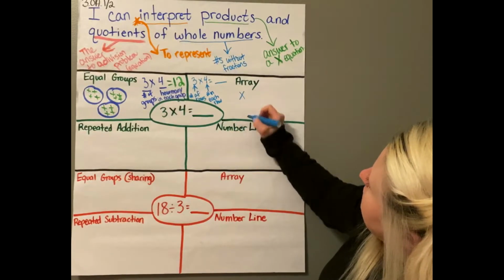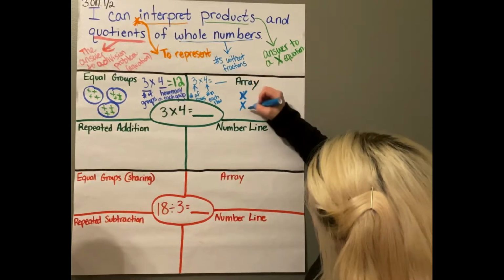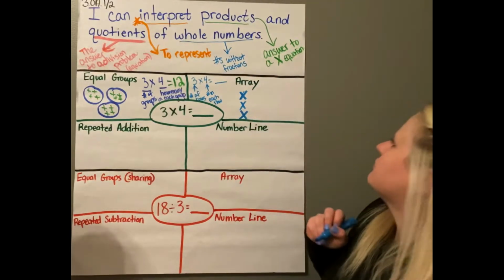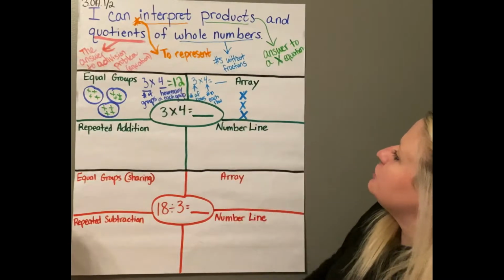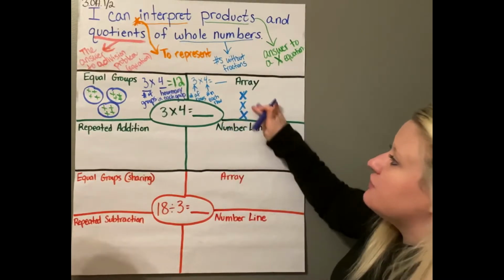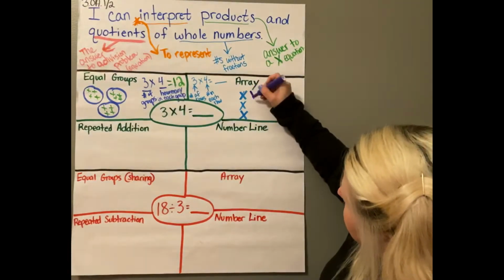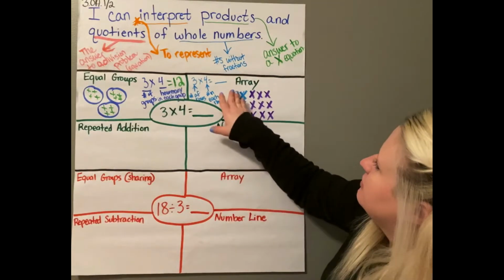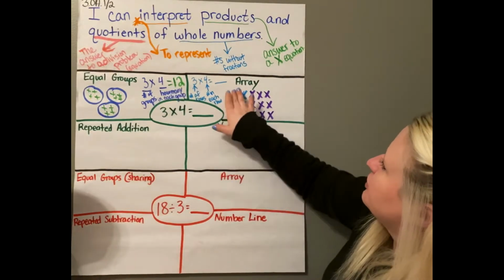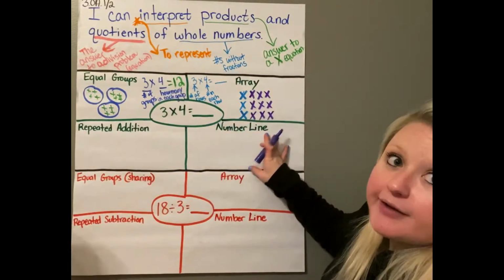So 1, 2, 3. The number in each row is 4. So we're going to make sure we have 4 in each of these 3 rows that we have. So 1, 2, 3, 4. You have 3 groups of 4. Here, how many X's do we have all together in our array? 12.